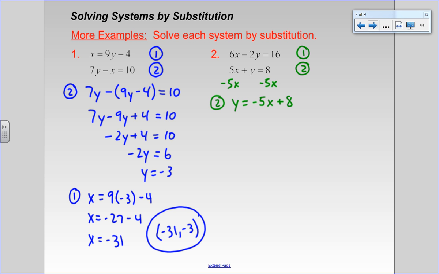Now that it's been rewritten, we can substitute in for y in equation number 1 to obtain 6x minus 2 times the quantity negative 5x plus 8 equals 16. Now we solve this equation for x.